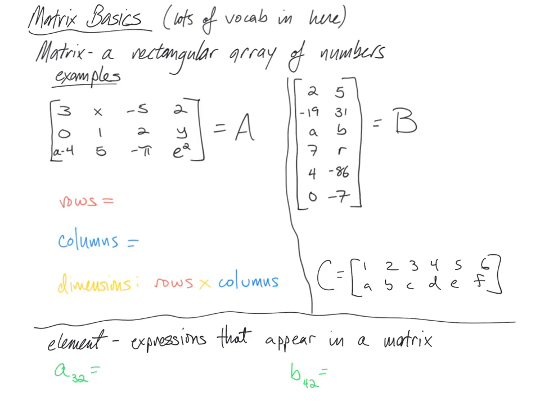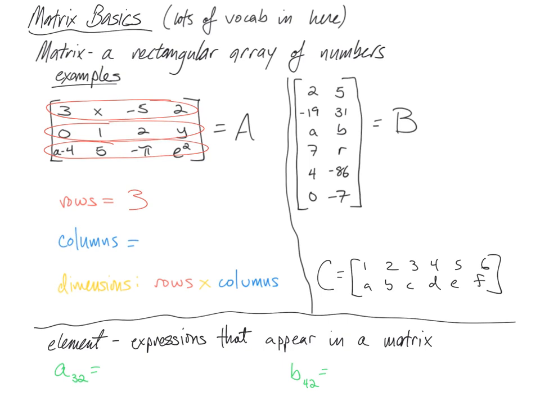All right, so how do you figure out what the dimensions of a matrix are? Well, very easily stated, a row moves from left to right. So in matrix A, here's 1 row, here's 2 rows, here's 3 rows. There are 3 rows in matrix A. Columns are vertical.